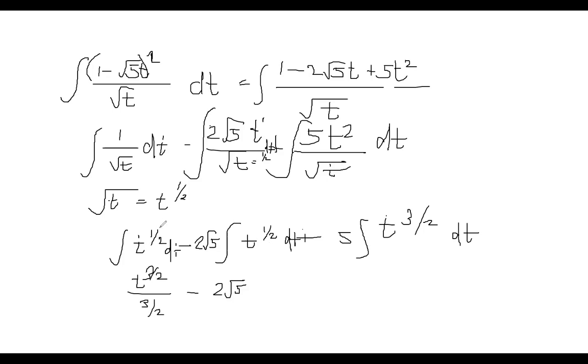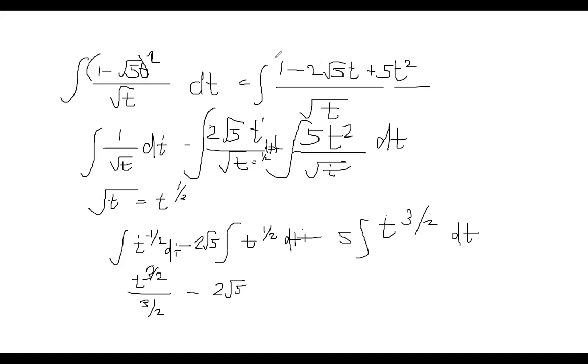Oh, I apologize. Since it is square root of t, when we put it in the numerator, it becomes negative 1/2, so 1 over square root of t is 1 over t to the 1/2. However, if we put it in the numerator, it becomes t to the power of negative 1/2. So it is not 3/2 there.